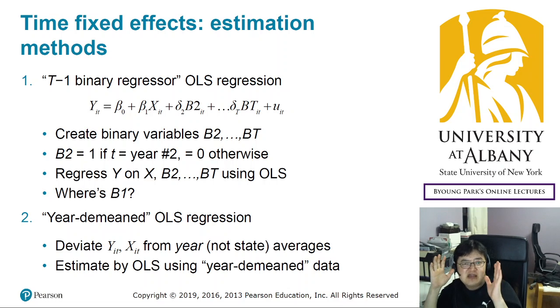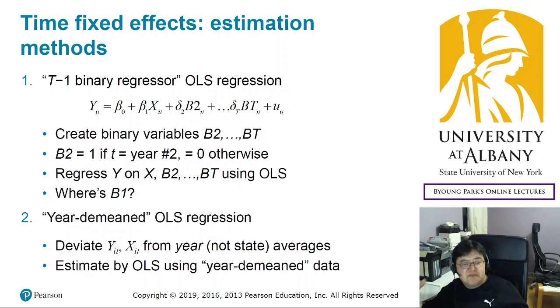Say in 1982, you have 48 observations from the states. Then you can calculate the average of the 48. That is the average of 1982. You subtract this 1982 average in 1982, and do the same for 1983, 4, 5, 6, 7.